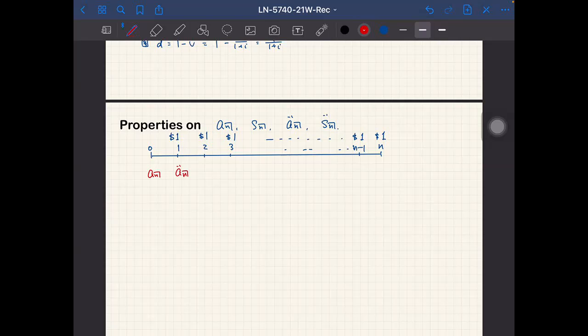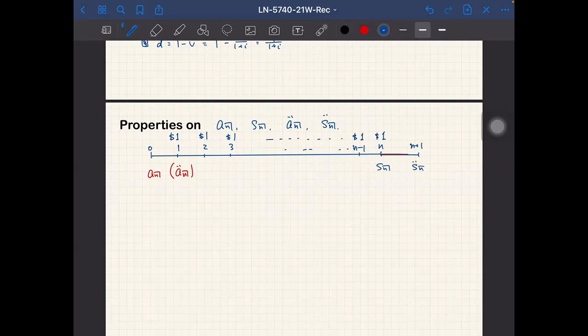If we evaluate at n, that is S right angle n, and if evaluated at n plus 1, this is S double dot right angle n.